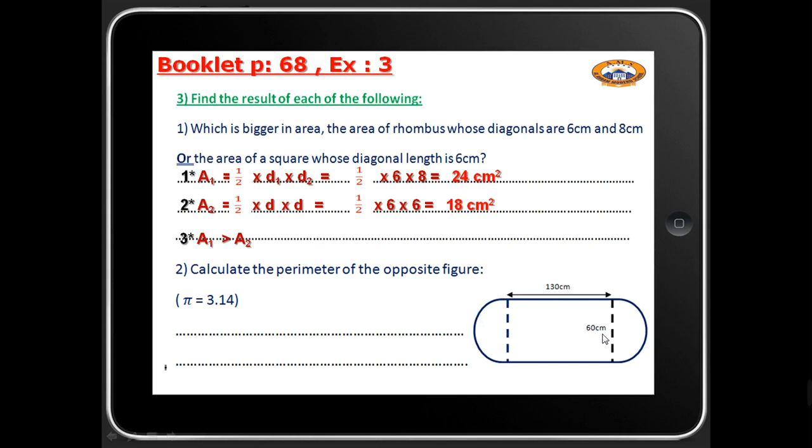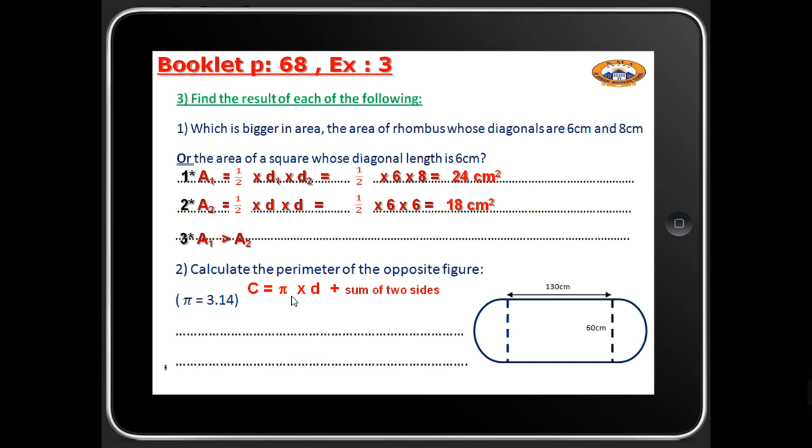He gave it to you in the exercise. When I finish calculating the circumference of a circle, I'm going to add 130 plus 130, because here I have a circle and also 2 sides.